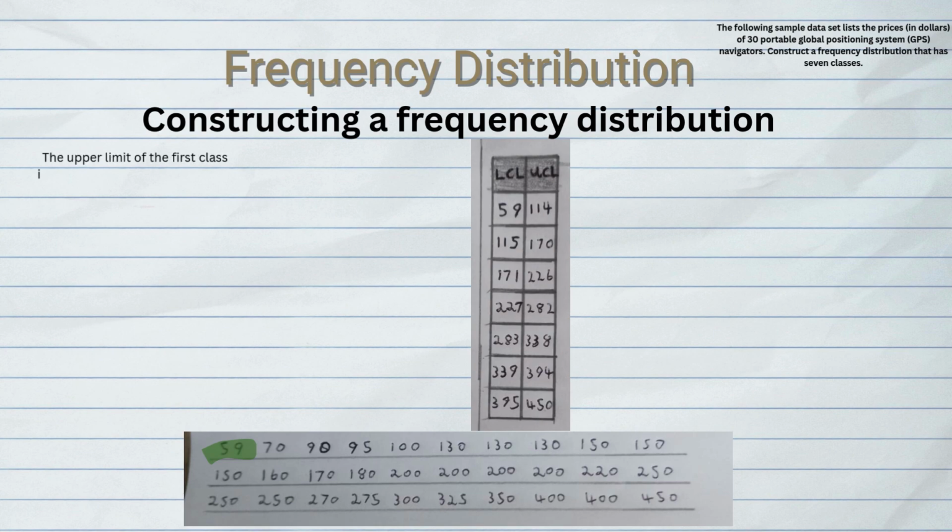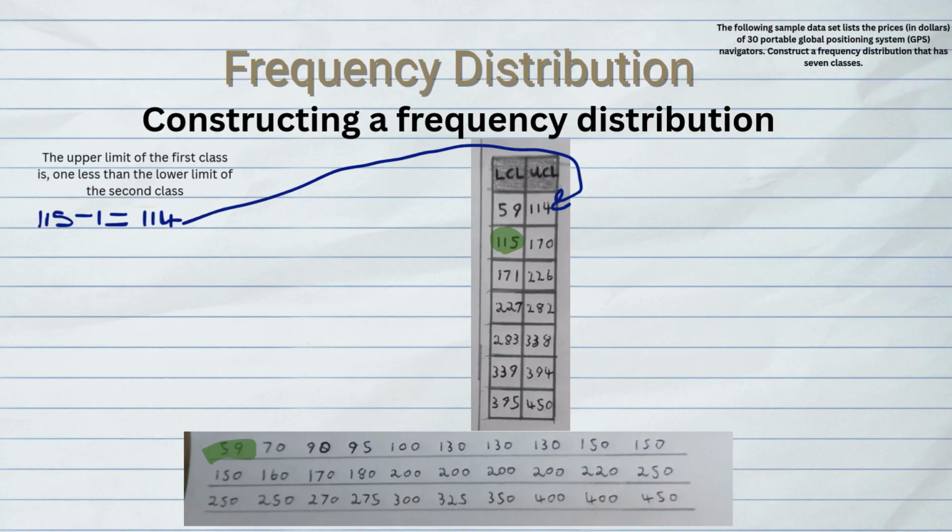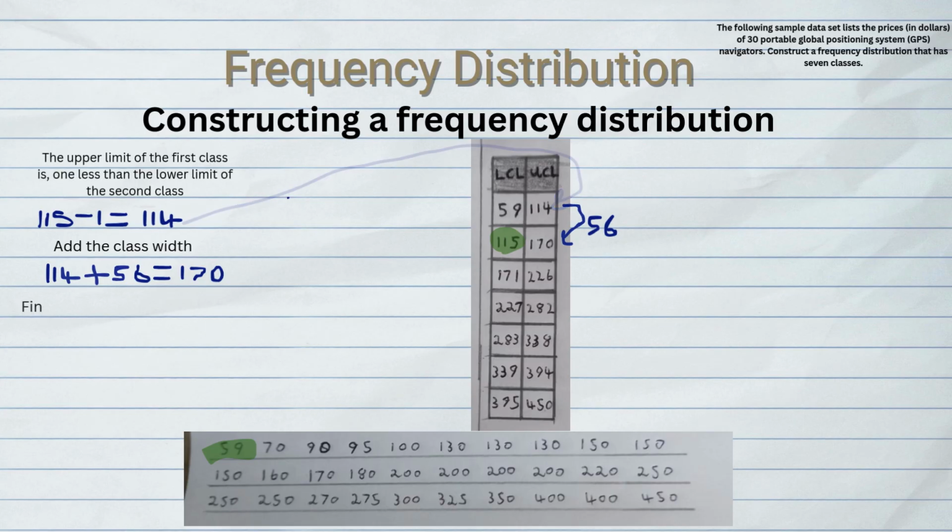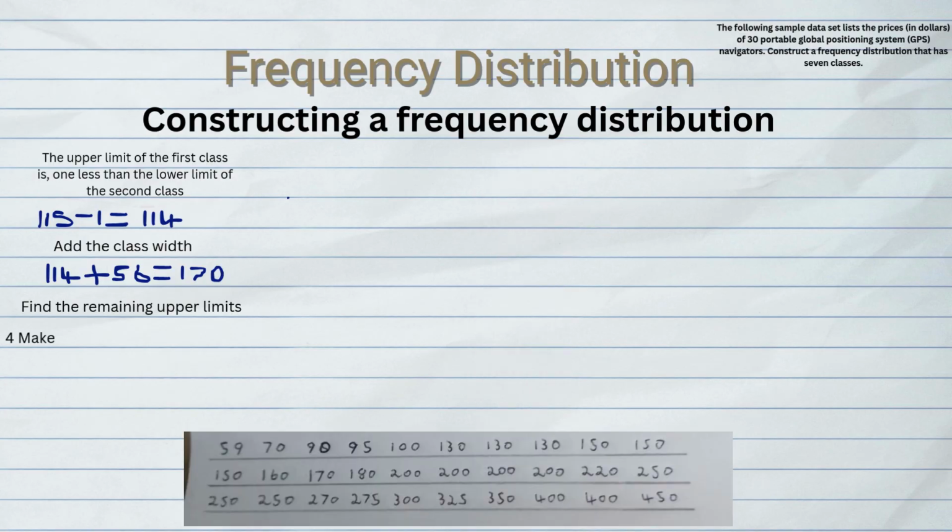The upper limit of the first class is 1 less than the lower limit of the second class. Then add the class width. Find the remaining upper limits.